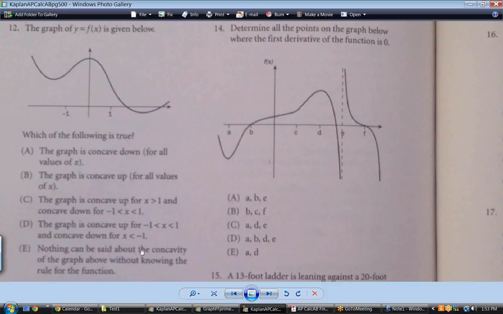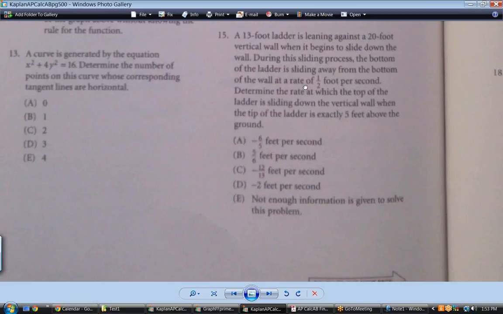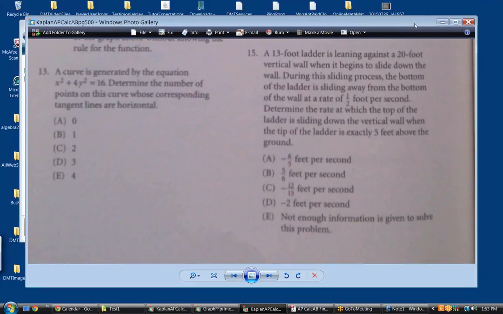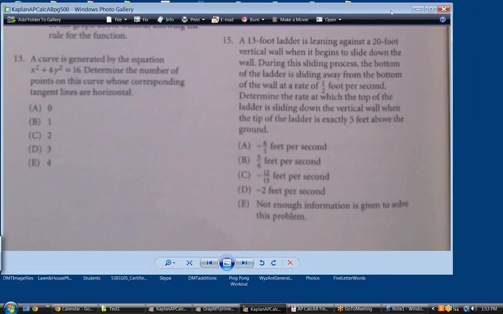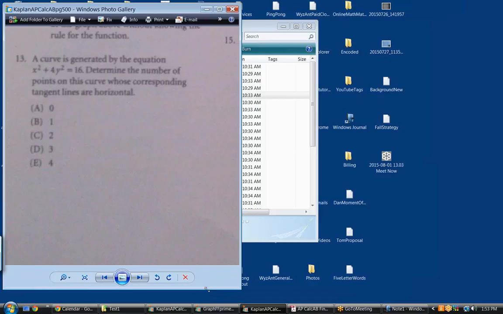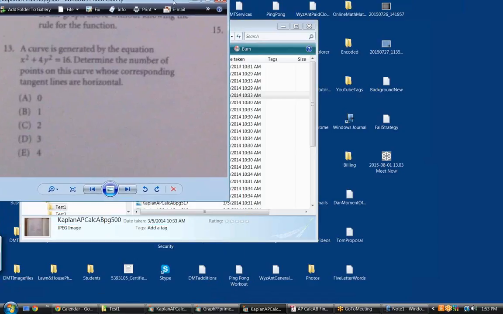E is, it's rare that E is correct. If you're taking a multiple choice test, and I don't care if it's calculus or ACT or whatever, never guess. It cannot be determined. I've never seen that be the correct answer.